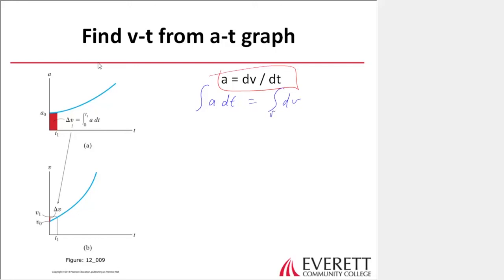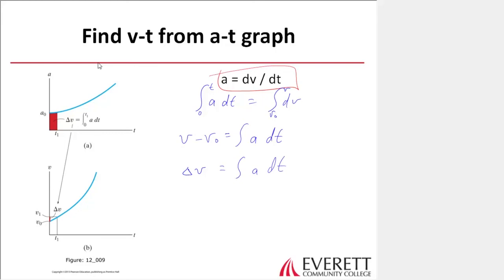This is going to go from v naught to v, and this is going to go from 0 to t. We'd end up with v minus v naught is equal to the integral of a dt. Or we could also write the change in velocity, which is v minus v naught, as equal to the integral of a dt.